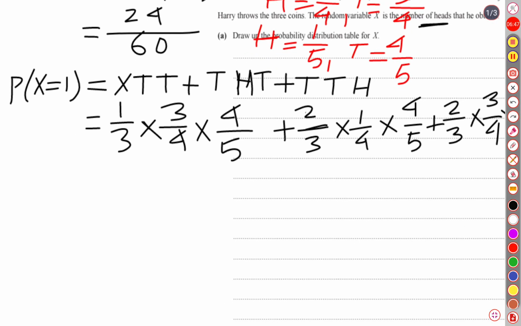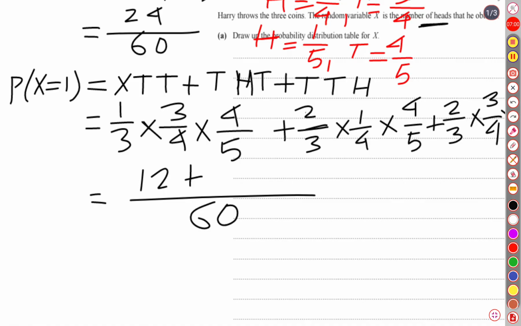After that, let us simplify this. So 60 is always the denominator, and first numerator is 3 fours are 12, and second numerator is 2 fours are 8, third numerator is 3 2 2 3 and 1, so it is going to be 6.